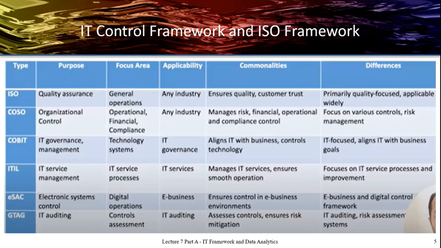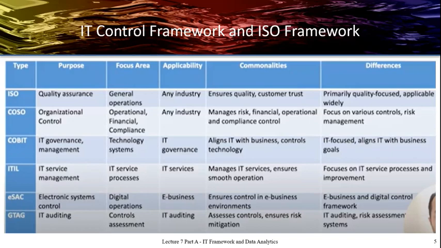So the ISO framework is on quality assurance. The focus area is on general operation and applicable to any industry. And commonalities, what is common, are ensuring quality, customer trust, and things like that. And the differences are that it is primarily quality focused, applicable widely.